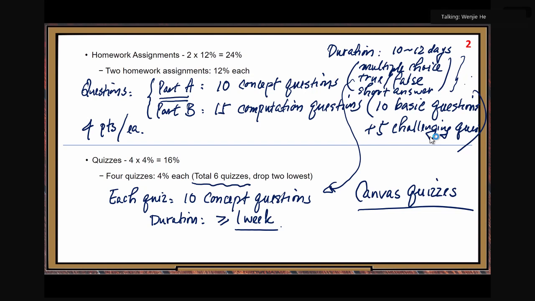So the design idea of each quiz is that I want each quiz to help you understand the material of that week. So you need to study the notes. You need to digest the materials in the notes. Then you can answer the questions. No time limit.